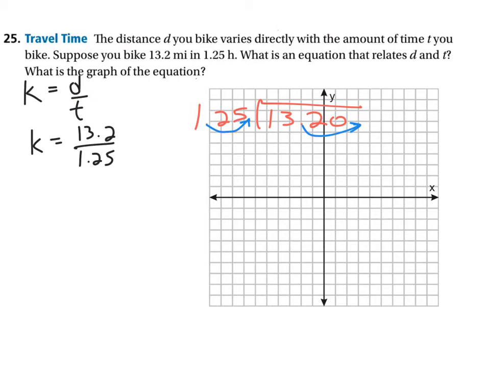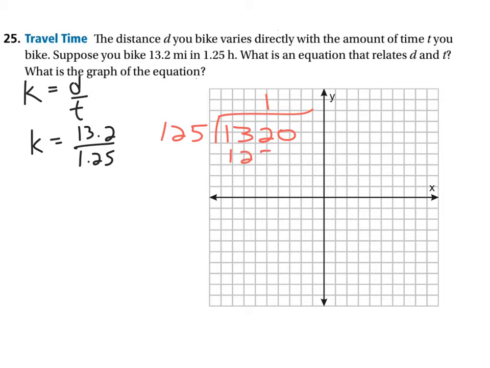We're going to get the problem 1,320 divided by 125. So I'm going to do this division here. 125 goes into 132 one time, minus 125, and we're left with a 7, bring down the 0. There's a decimal there, we're going to bring it straight up.